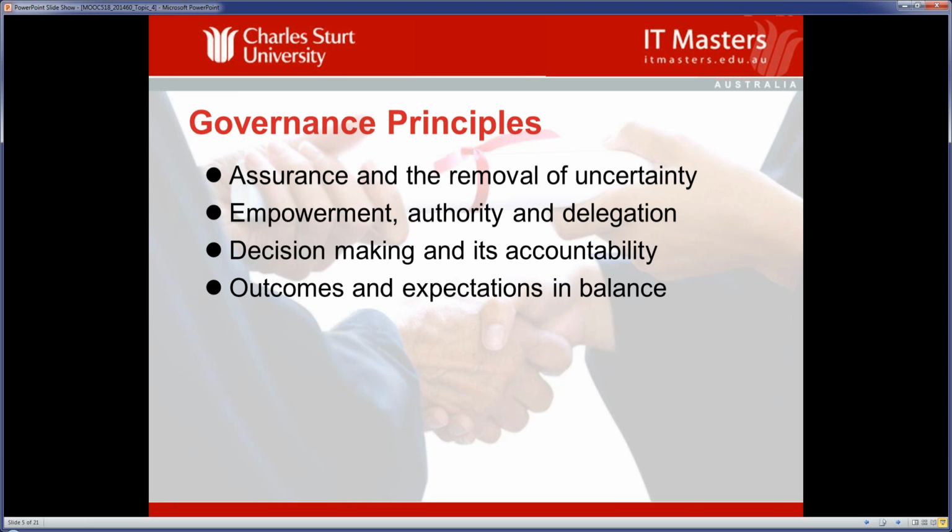As a result, governance is saying, we've got these hopes, we've got these outcomes that we're looking for, and we've got these expectations of what's actually going to happen. So governance is part of the mechanism that is trying to keep these in balance, trying to prevent situations where expectations are unrealistic and far beyond what an outcome could actually achieve.